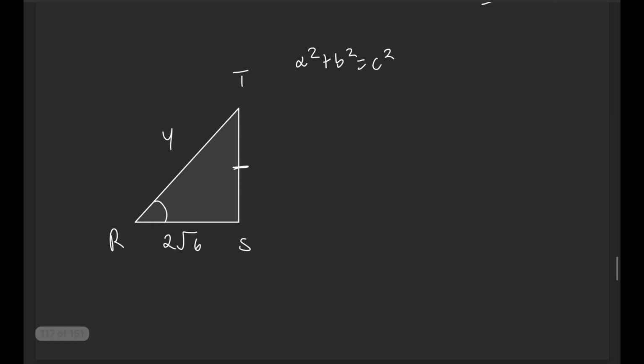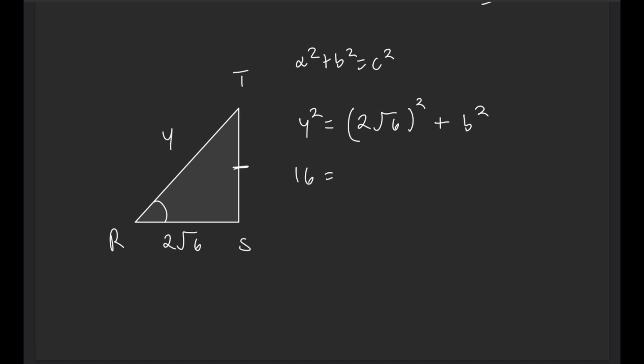Okay, let's try this one. You can always use a squared plus b squared is c squared to figure out if the triangle is possible or not, like if it can exist. So let's test this one. In this one we have 4 squared is equal to 2 root 6 squared, and then the missing side, let's just say b squared.